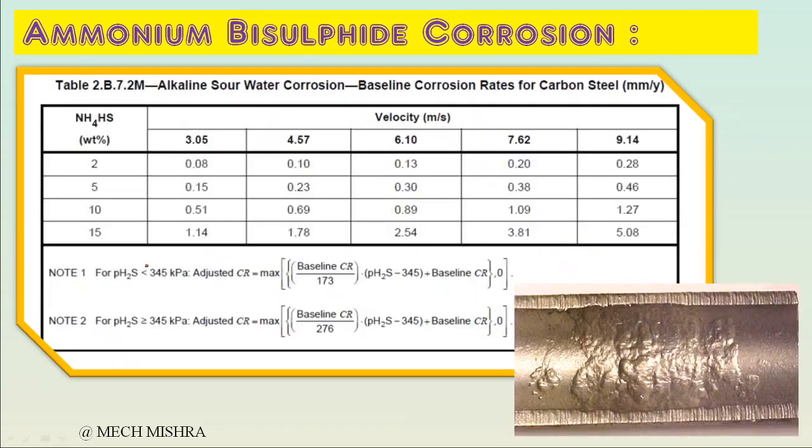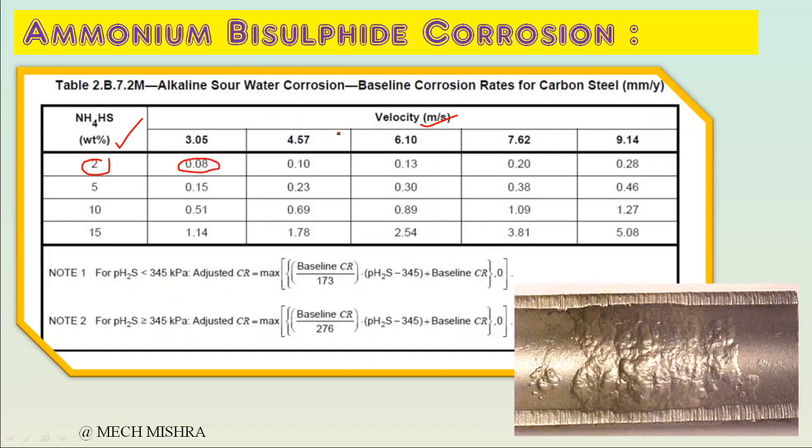Now coming to the corrosion rate, that's a table. Based on the ammonium bisulfide percentage and velocity, we can calculate the corrosion rate. If my weight percent is 2 and my velocity is 3 meters per second, then my corrosion rate will be 0.08.